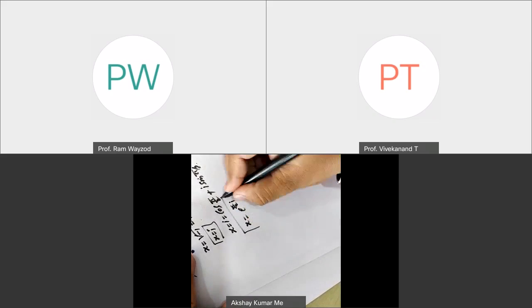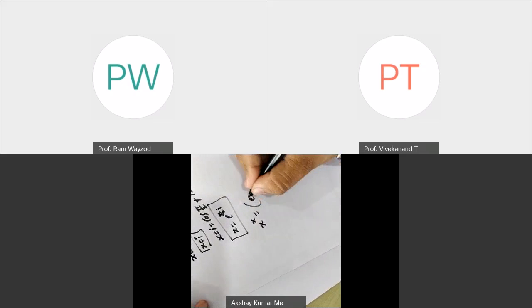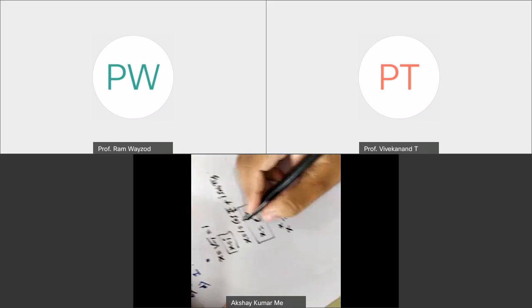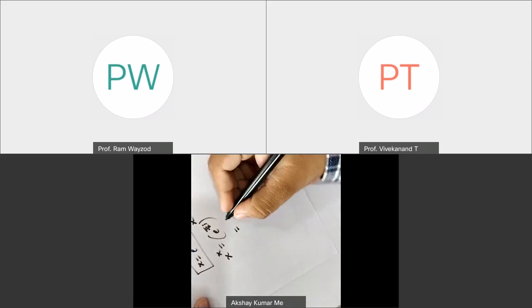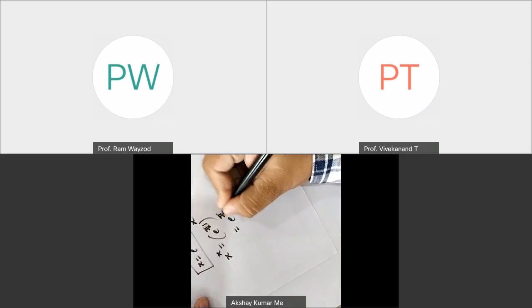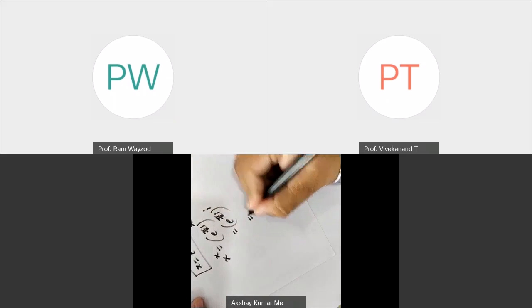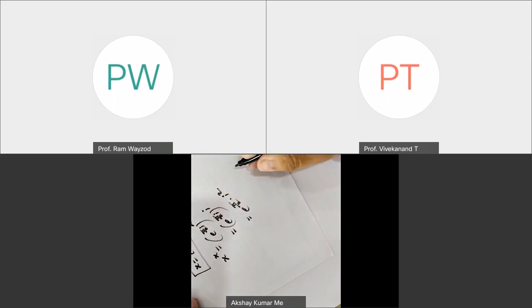We have to calculate x to the power x, which means e to the power i pi by 2, raised to the power x, and the value of x is i. So we get e to the power i pi by 2 into i, which is e to the power pi by 2 into i square.